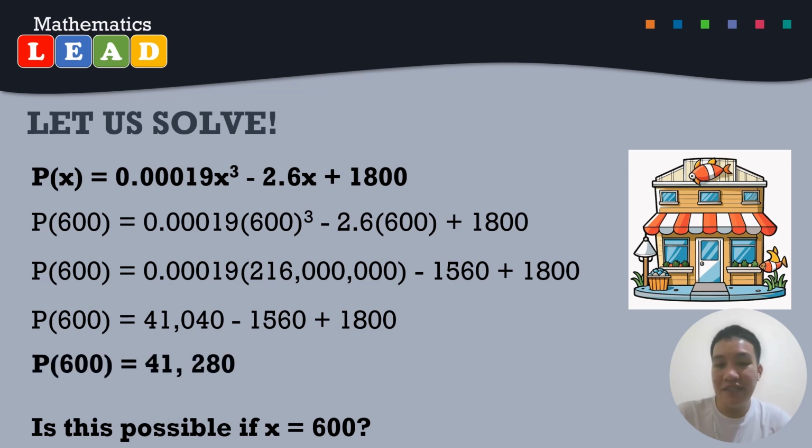That is 41,280. Now, the question: is this possible if x is equal to 600, where the target profit in the month of May is 40,000 pesos? Yes, it is. It is possible. Do you get it?